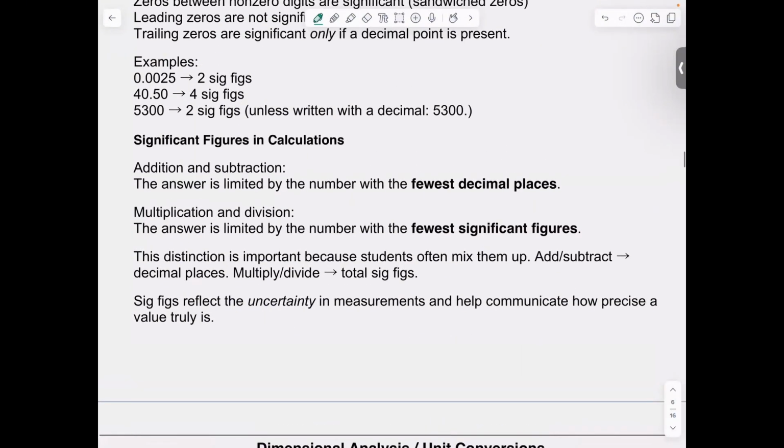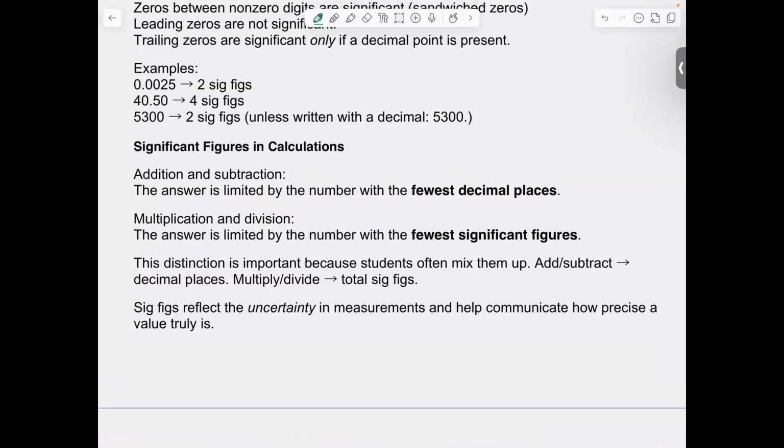And then last but not least, in addition to being given a number indicating how many significant figures you see in that number, you also have to do some calculations. Chemistry likes to spice things up a bit. The key thing you need to understand is that when you add and subtract, you are going to limit your answer by the number of decimal places.